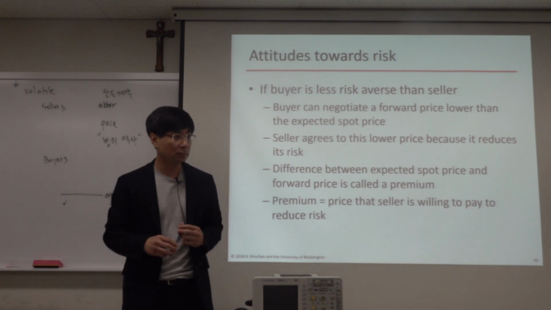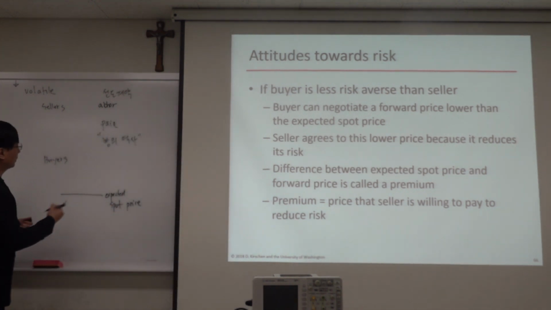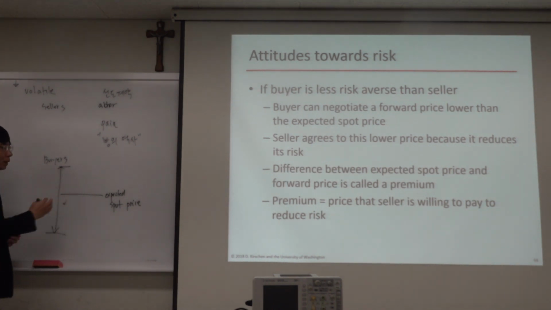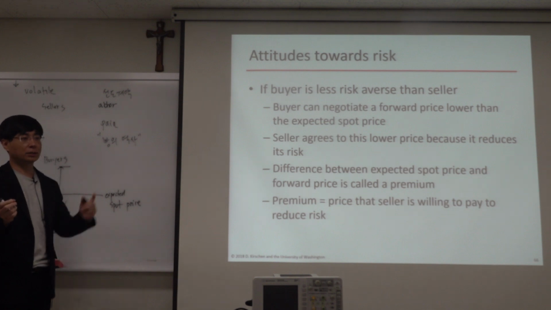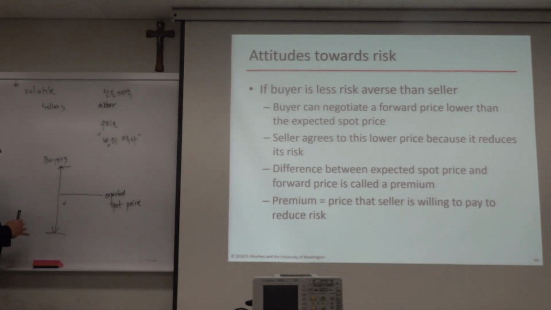Okay, what is the meaning of this? This is the expected spot price, and actually we don't know what will be the real spot price on the delivery day. That can be here or there or there.